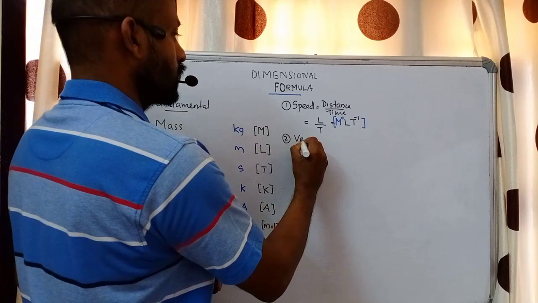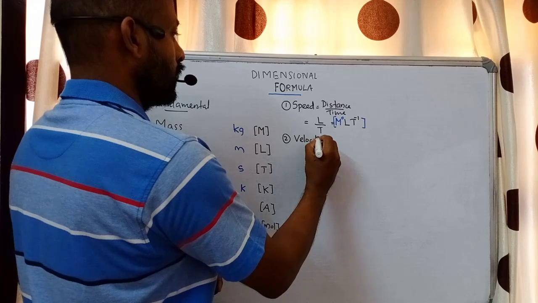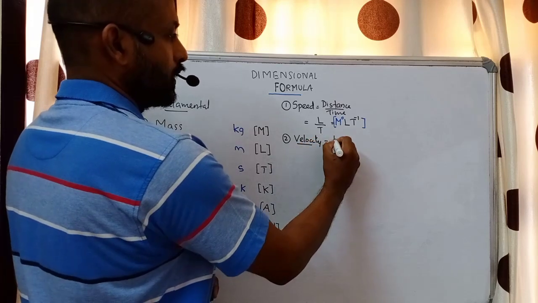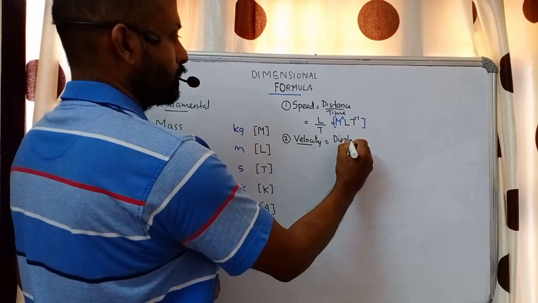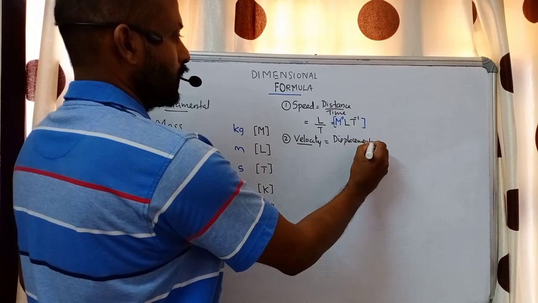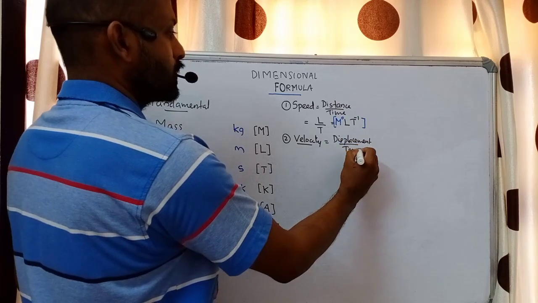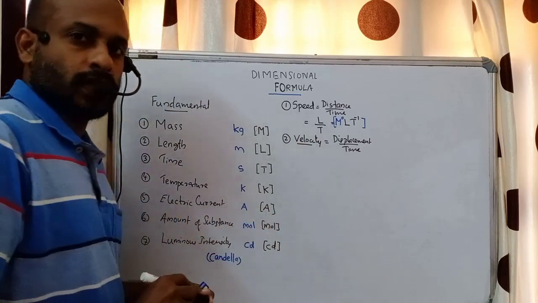Now next we will write velocity. How will we write velocity? Velocity has an equation: displacement divided by time. Displacement is also having the dimension of length.